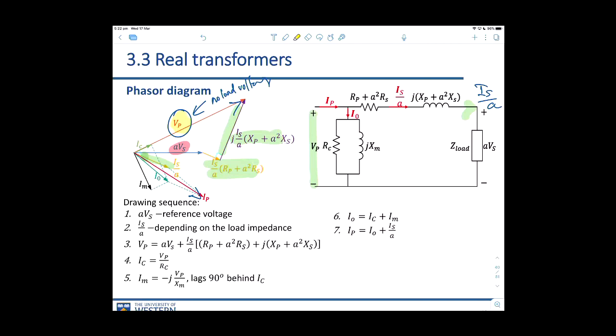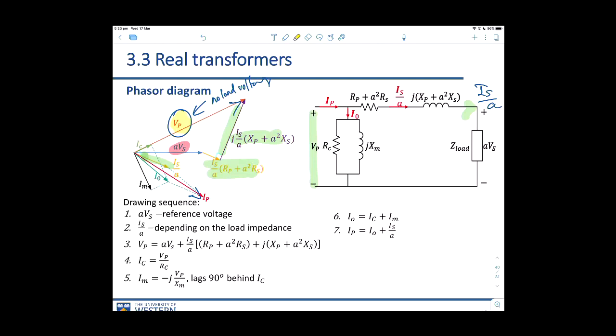In this case, I've drawn it as lagging because the load is inductive. If it's capacitive, then it will be leading. But if it's leading, it doesn't matter, you can still draw the phasor diagram. We will look at examples of that in the future. So Is on A is lagging.